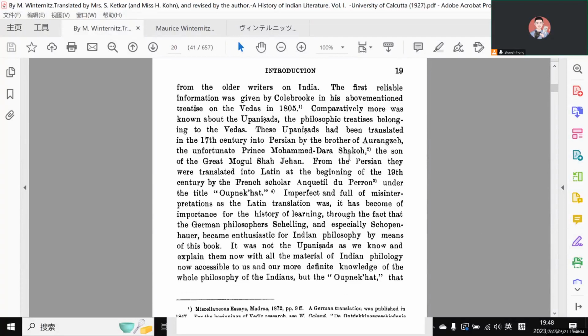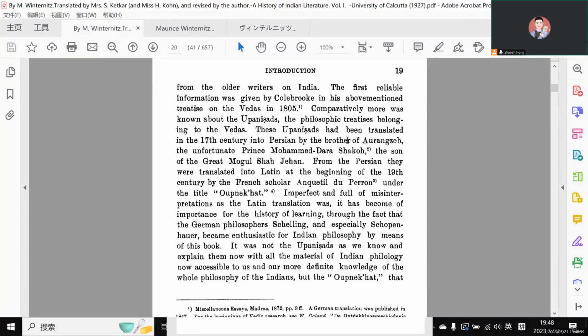And next, we have a very interesting thing. We all know that Indian texts were basically introduced into European countries by translations into English, German, French, Italian, and even sometimes Greek or Latin.